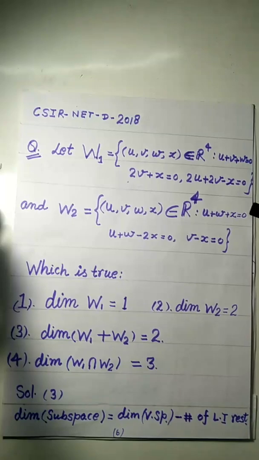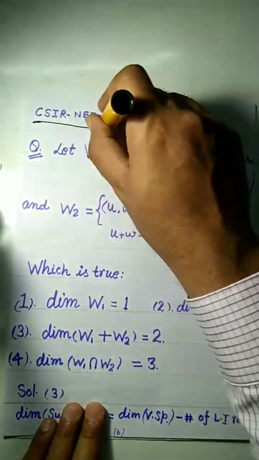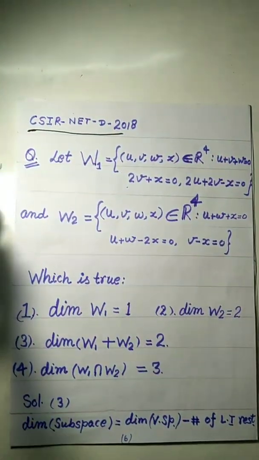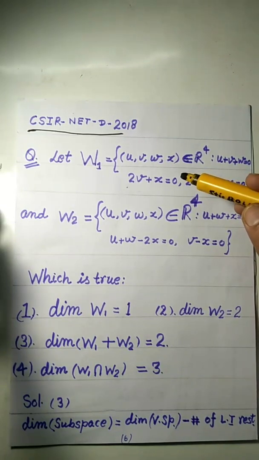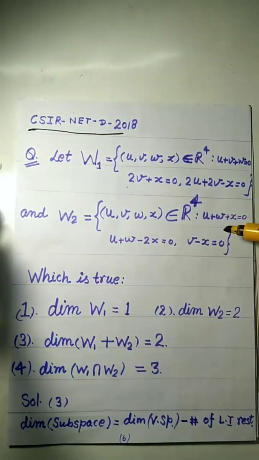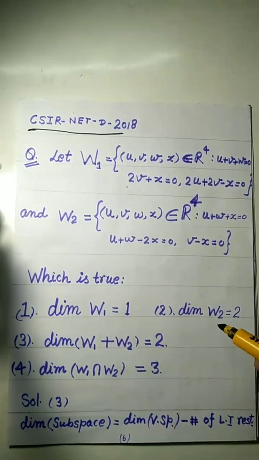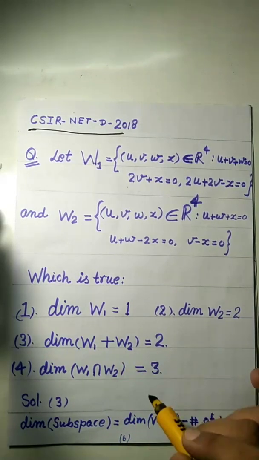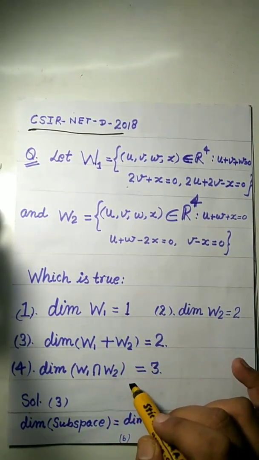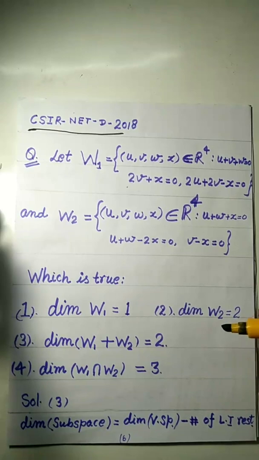Now, this is our basic question. So, W1 is one vector subspace given by this one, W2 is the vector subspace given by this one. We want to obtain dimension of W1, dimension of W2, dimension of summation of both, dimension of intersection of W1 and W2. These are 4 options we want to discuss.